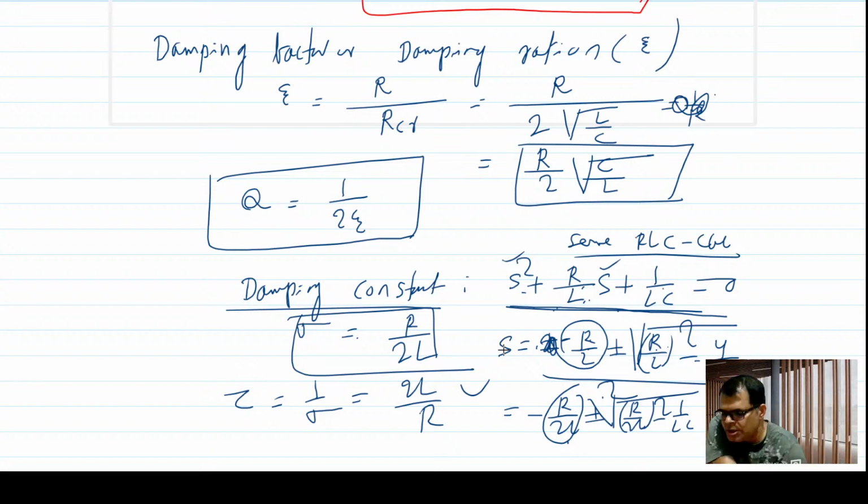With this, now let us find out the maximum power. Obviously, as I have told you, at resonance, what is the maximum power delivered to or absorbed by the load?